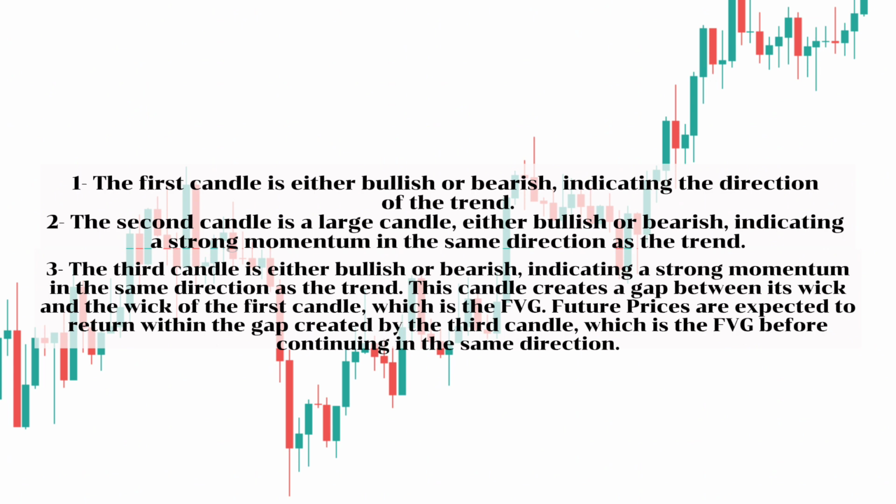The third candle is either bullish or bearish, indicating a strong momentum in the same direction as the trend. This candle creates a gap between its wick and the wick of the first candle, which is the fair value gap. Future prices are expected to return within the gap created by the third candle, which is the FVG, before continuing in the same direction.